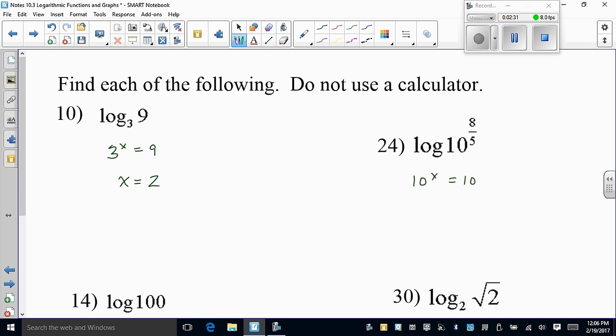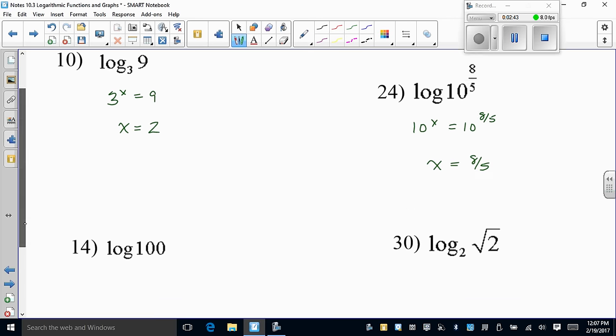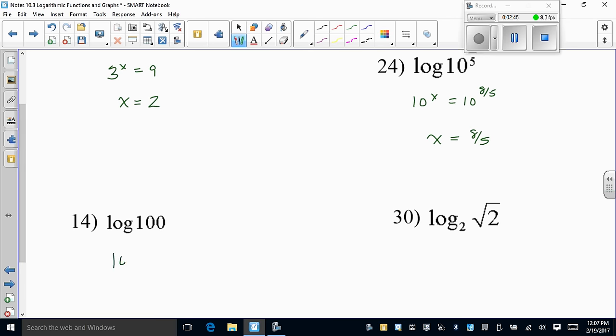A little obvious there, x equals 8/5, because they already have the same base. The next one, 10 to what power gave us 100. Well, 10 squared is 100, so x would have to be 2.